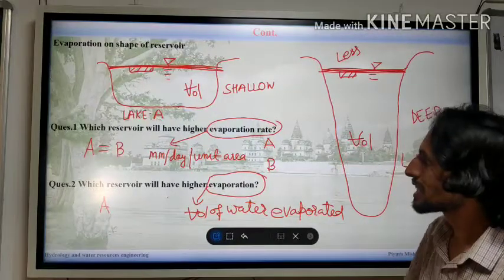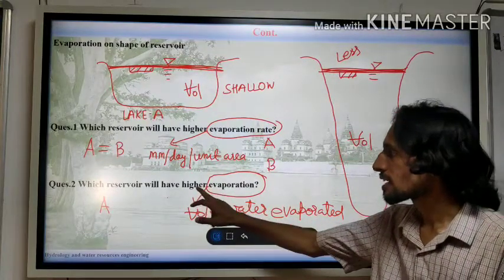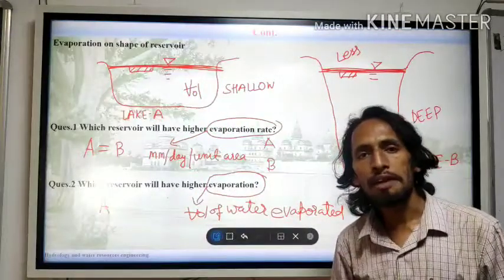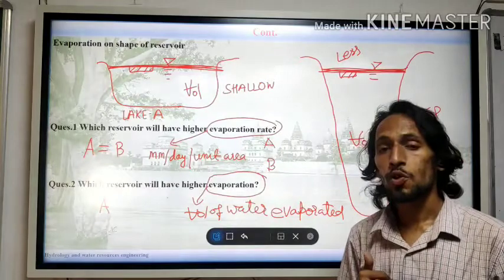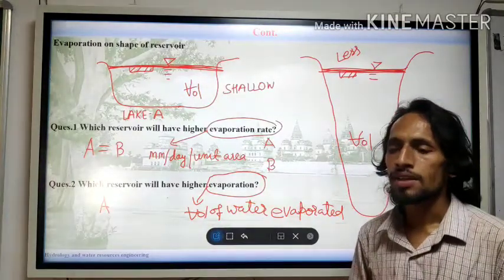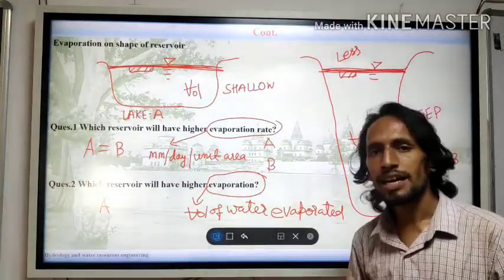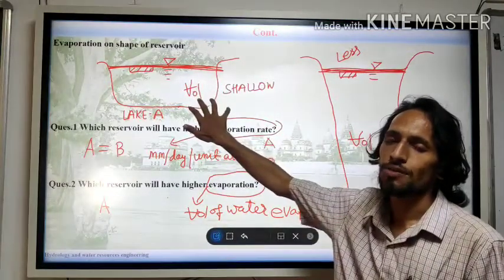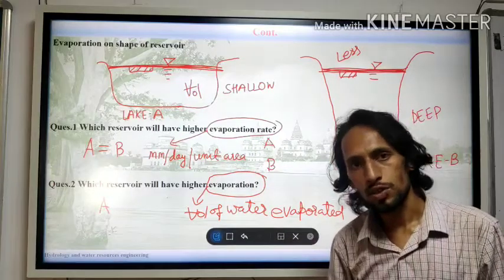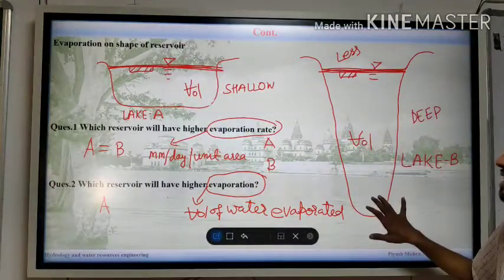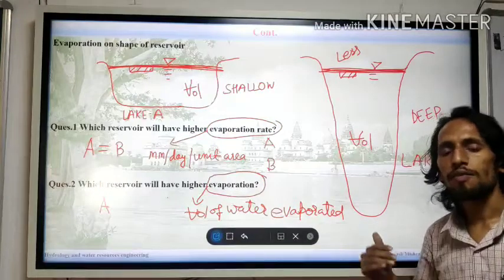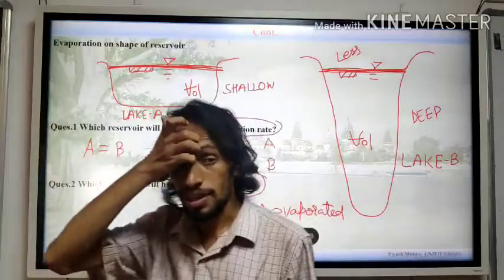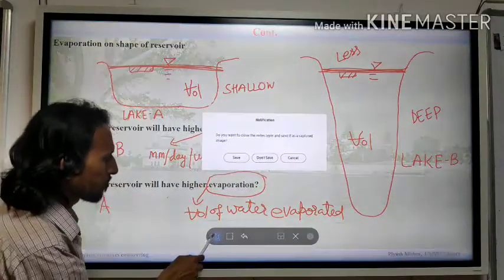Since evaporation is higher in this lake, it will dry very fast, so it is not a good idea to build a reservoir like this. This type of lake or reservoir will dry very soon, whereas this shape of lake will not dry as fast.